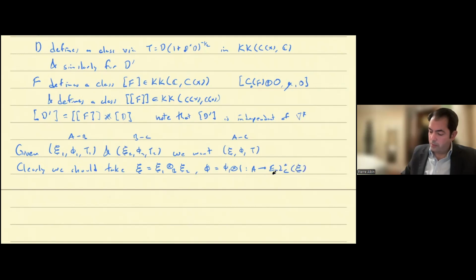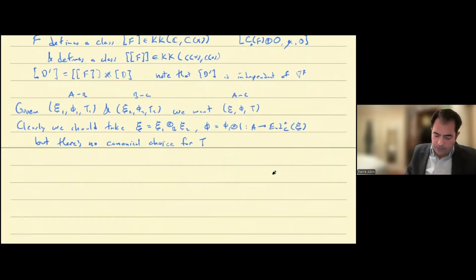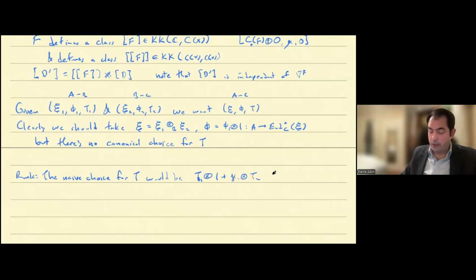The C adjoinable operators on E, but there's no canonical choice for T. The naive choice for T would be: take T1 and then use the grading operator and tensor with T2.